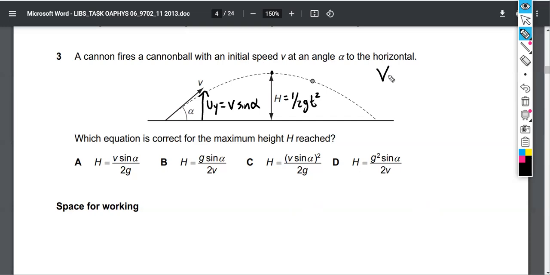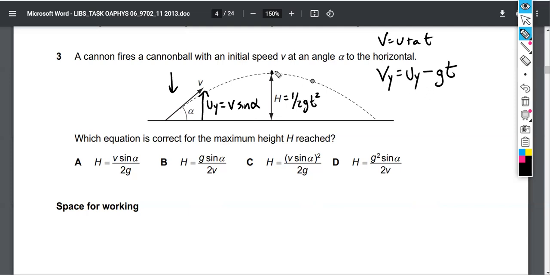The final velocity in the y direction equals the initial velocity in the y direction minus g t. This is just v equals u plus a t in general, but because gravity is going this way, it's opposing this positive value, so this term has to be negative. And u sub y is v sine alpha.